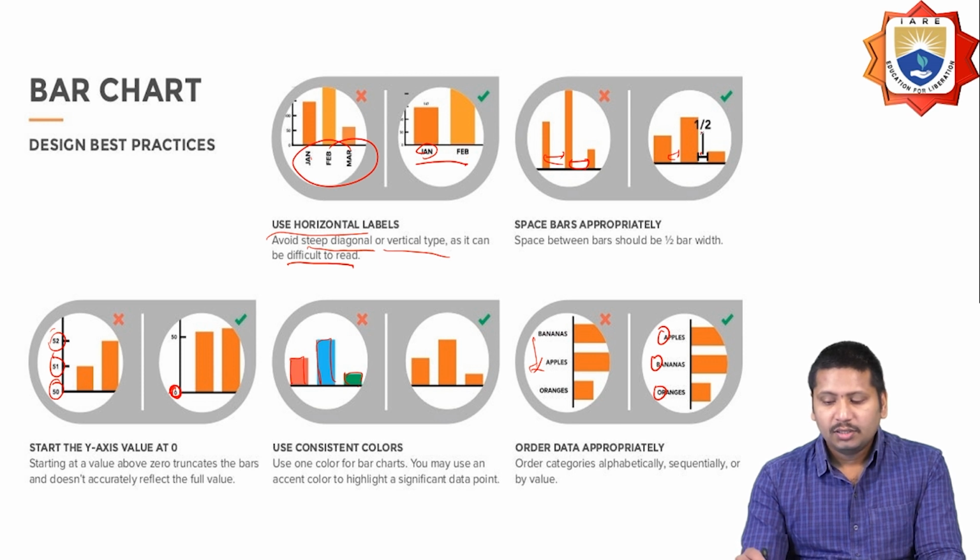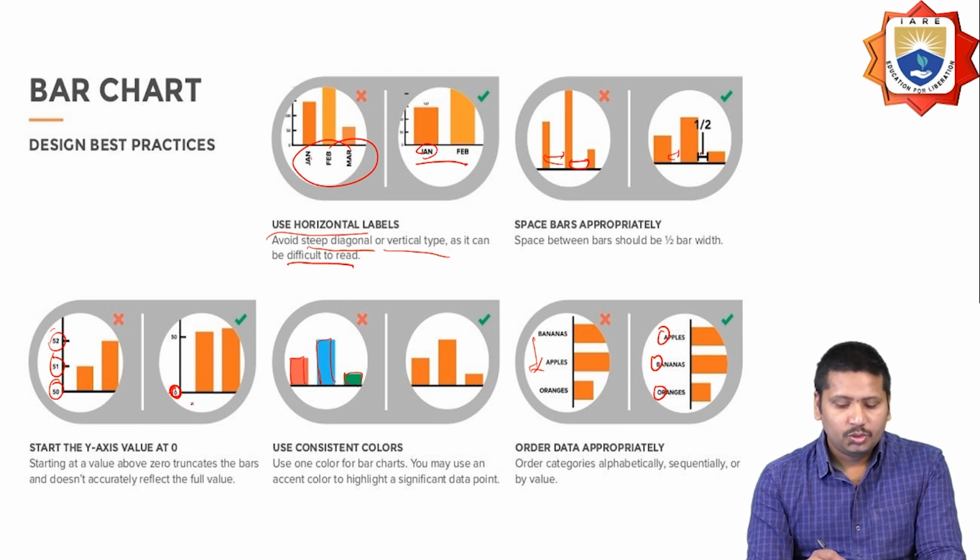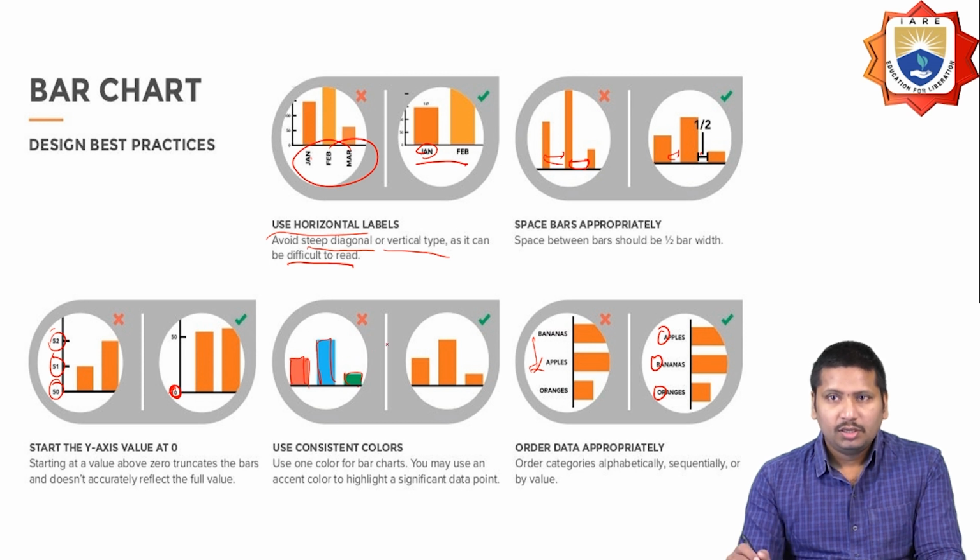And equal distribution of spaces should be done between the bars. Next, specify the 0 at the axis and use consistent colors. Don't use different colors, and order the data alphabetically.